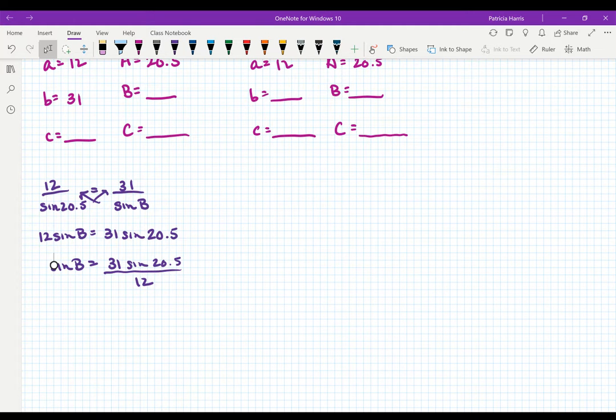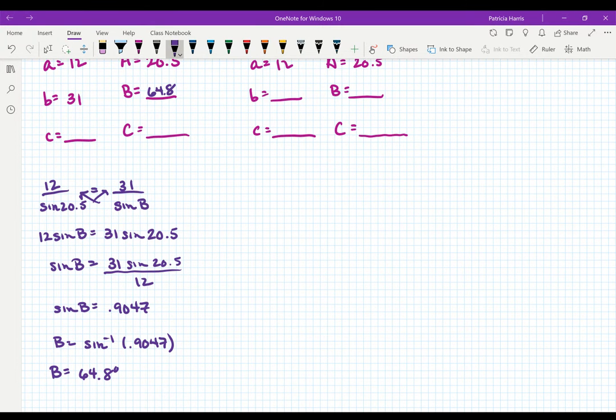Okay, get out my calculator. Okay, use the sine inverse. Okay, I get 64.8 degrees.